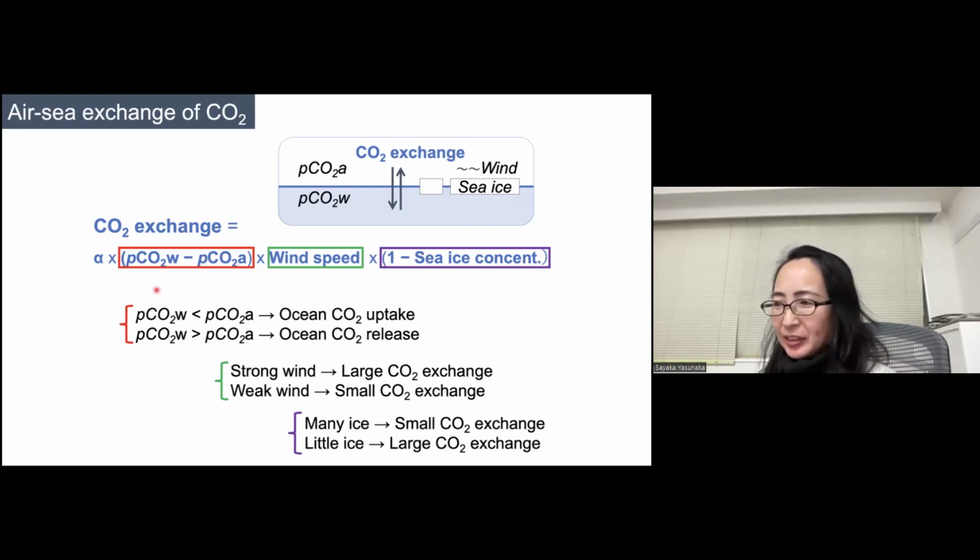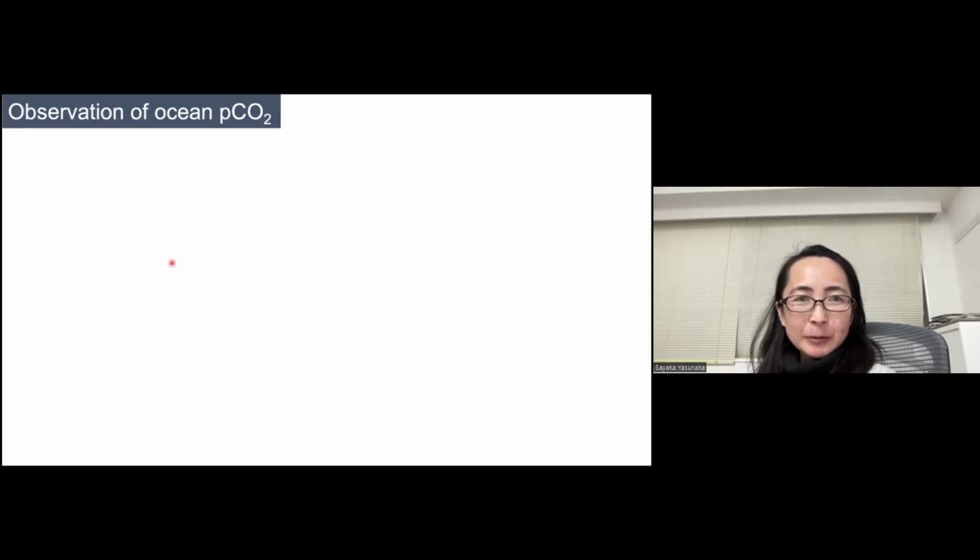On the other hand, the variation scale of pCO2 in the ocean is very small, so the ocean pCO2 is essential to estimate the CO2 flux between the ocean and the atmosphere.